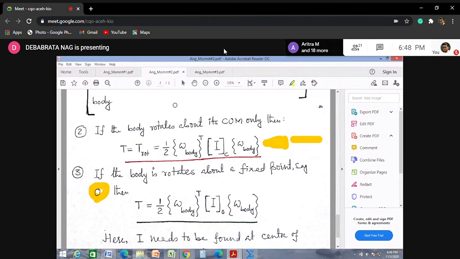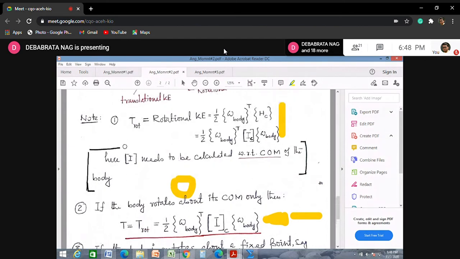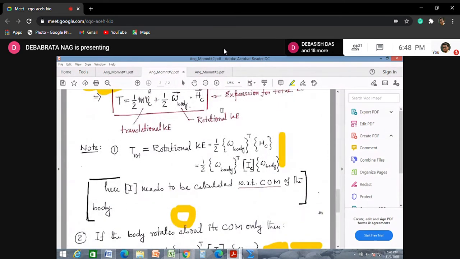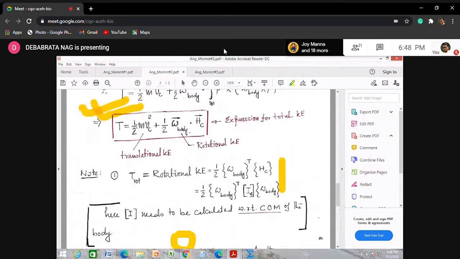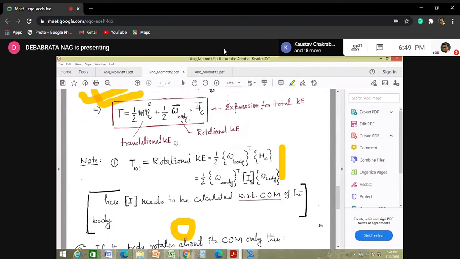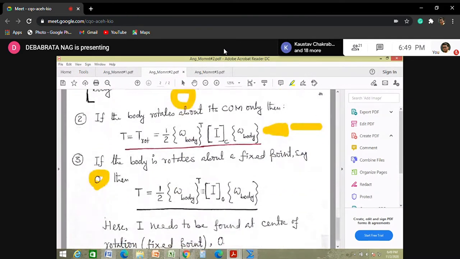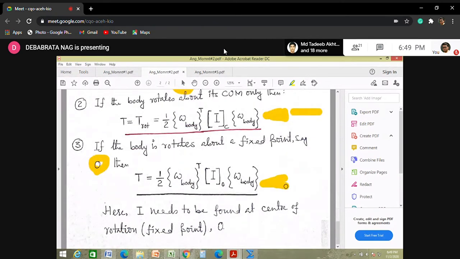If that point O is a point about which the body is actually rotating, I can shorten this equation, because in the other form you require to evaluate the center of mass's velocity and the translational kinetic energy term individually. In this form, I need not find the center of mass's velocity. Instead, I need to find the inertia matrix with respect to point O.